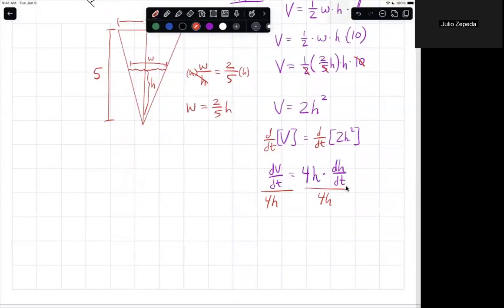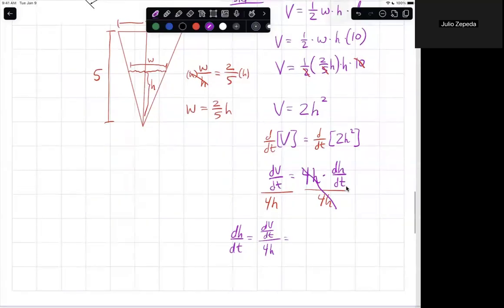And so we get dH/dt equals dV/dt divided by 4H.